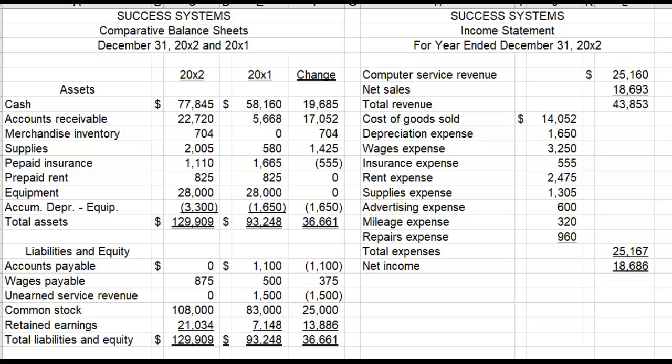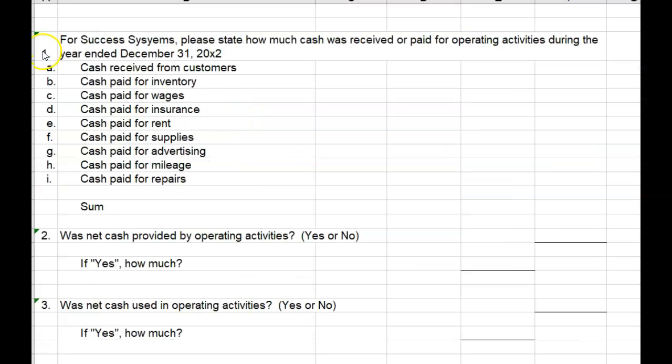And in order to facilitate those calculations, the next tab in this worksheet is Direct Cash Flows Questions. I'm going to click on it and open that tab in this worksheet. Question number 1 on this worksheet is, for Success Systems, please state how much cash was received or paid for operating activities during the year ended December 31st, 20X2.